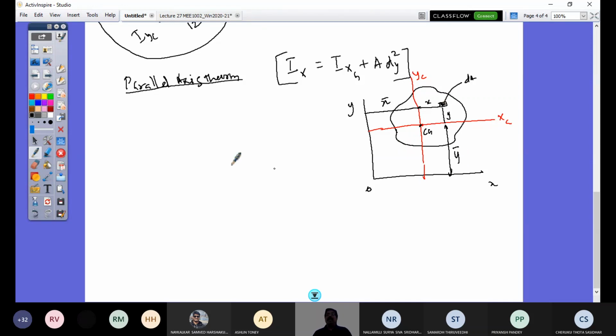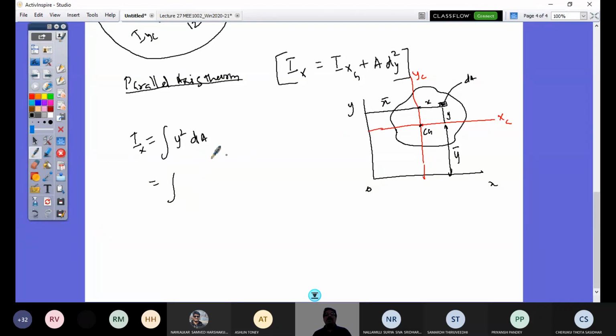So if I have this elemental area, I go with my definition of Ix equals integral y squared dA, right? So y squared dA, so that's going to be integral, here this y is what?